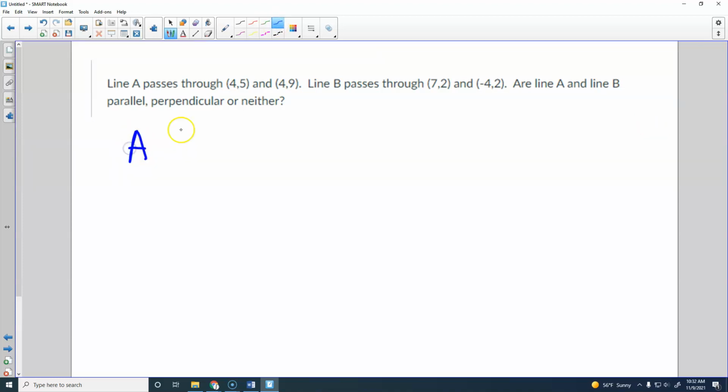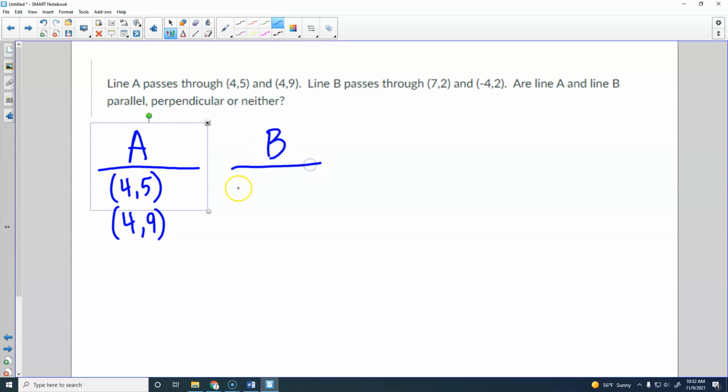Line A passes through the points (4, 5) and (4, 9). Line B passes through the points (7, 2) and (-4, 2). Are lines A and B parallel, perpendicular, or neither?